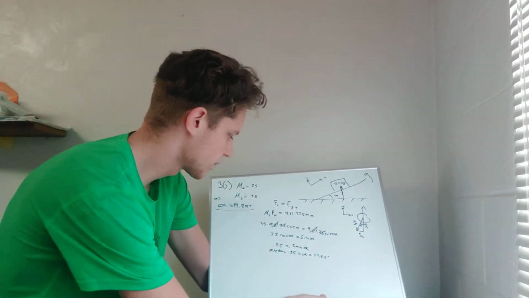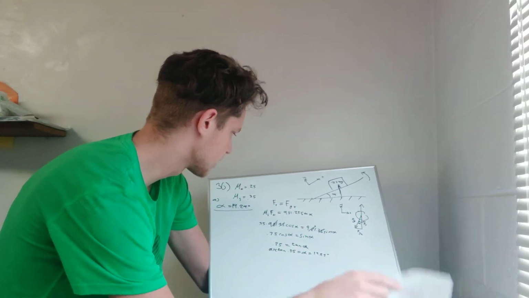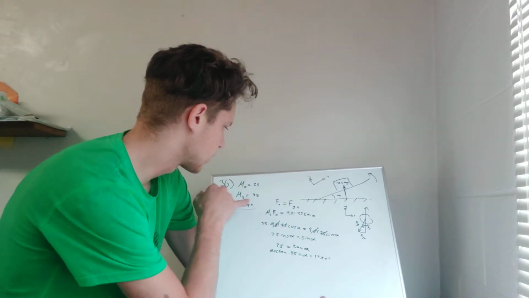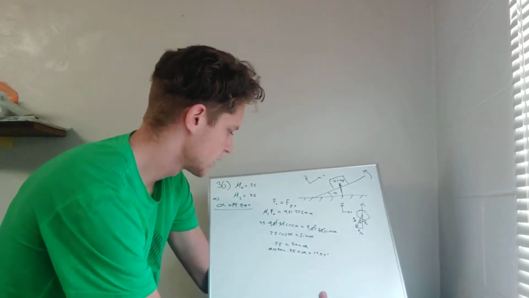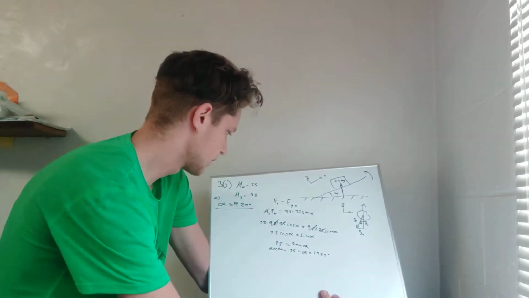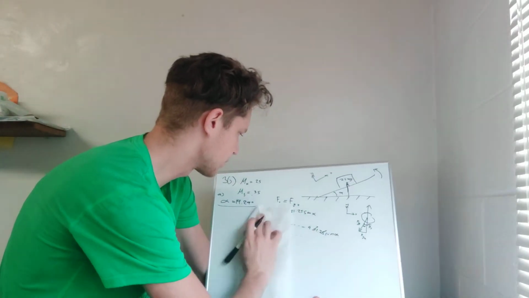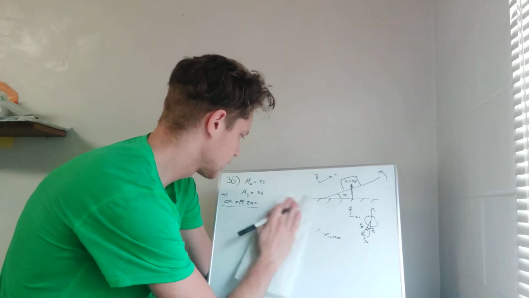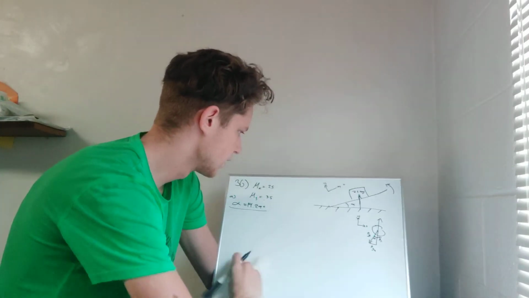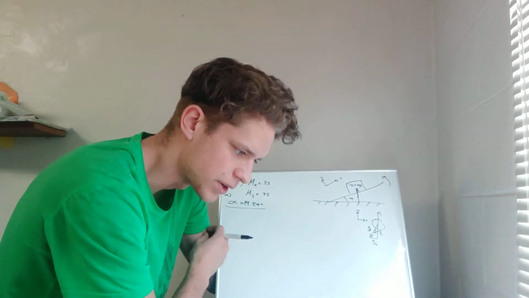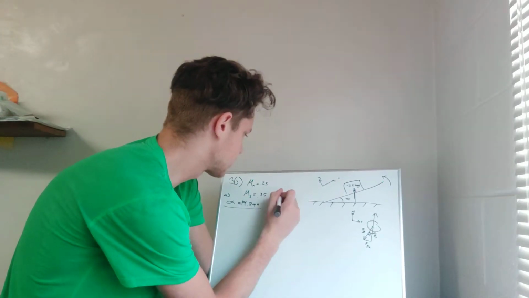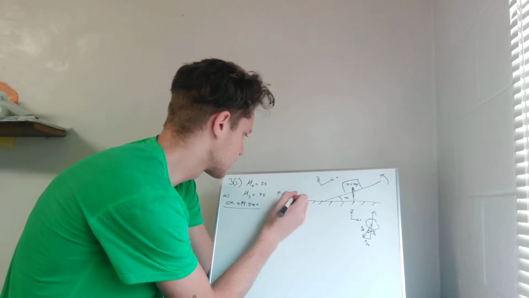So for this one, we're going to just take the force of gravity in the x direction. Let's just get rid of all of this real quick so we have a bit more room to work. So to find the acceleration, force equals mass times acceleration.